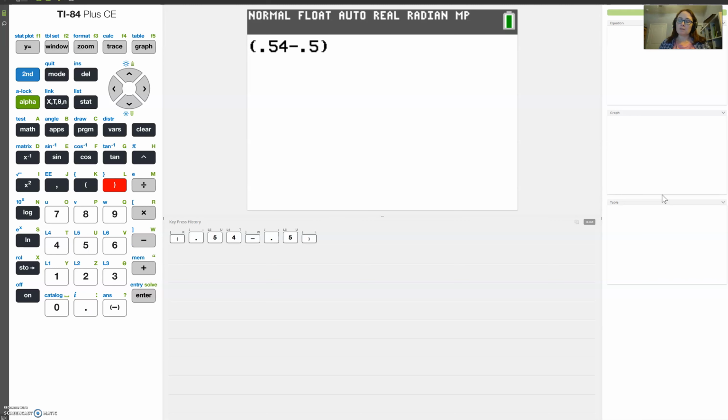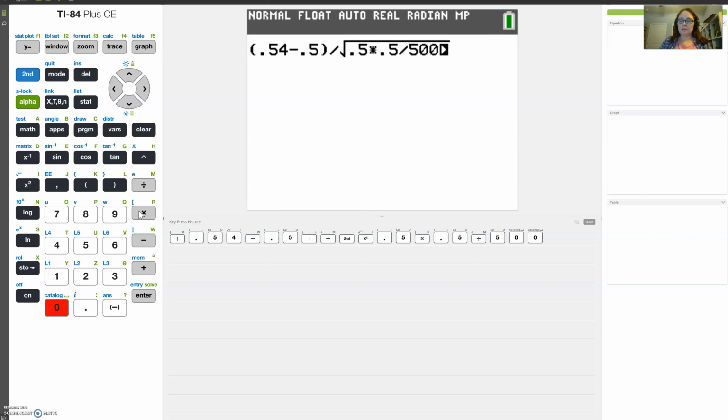Close off the parentheses so they subtract, and then divide by the square root of p times q, which is 0.5 times 0.5, divided by a sample size of 500. And there we go. I get about 1.789.